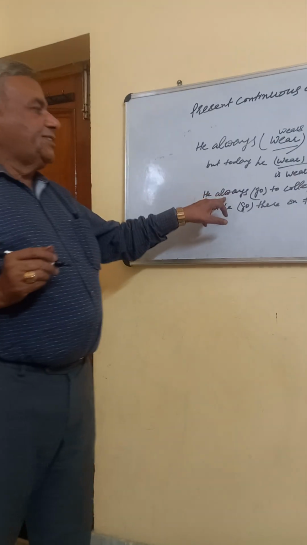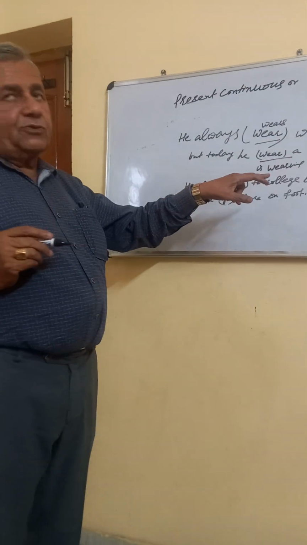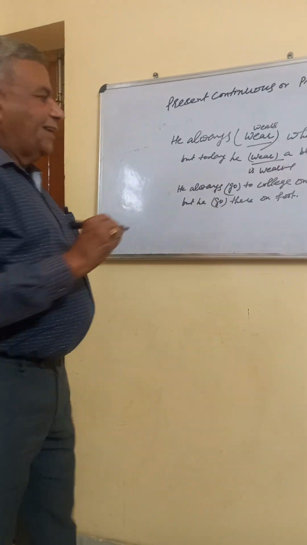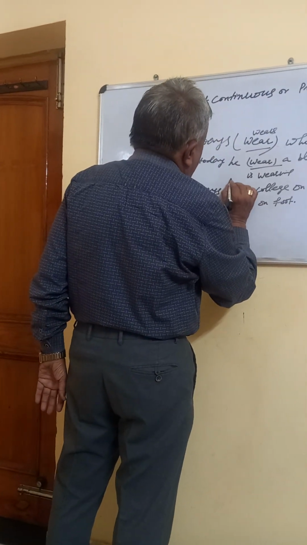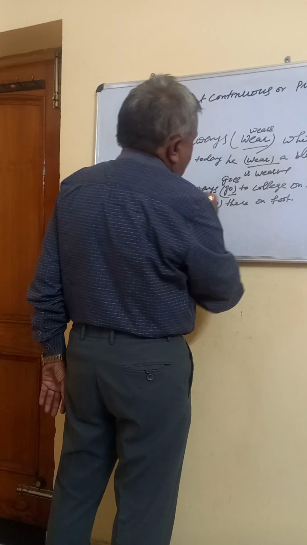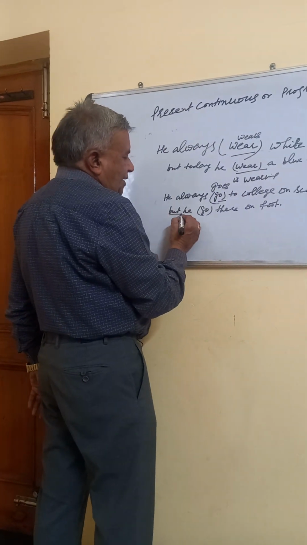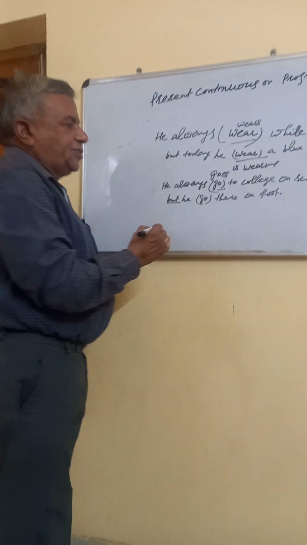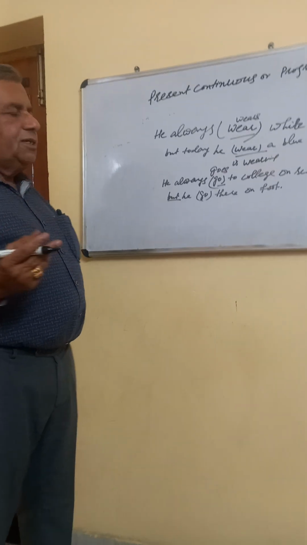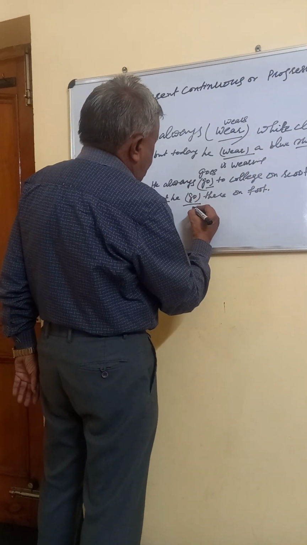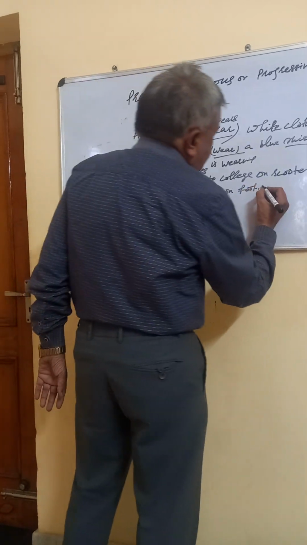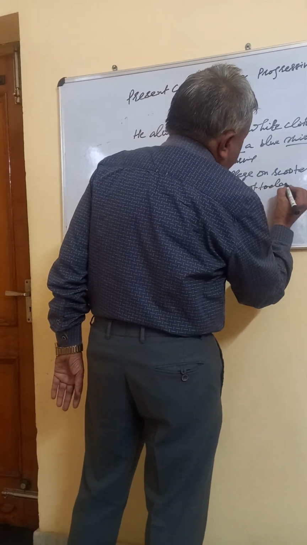So this is his nature that he goes to college on a scooter daily, and so when a repeated action happens, we use present indefinite, we will use goes. But this is not a habitual action, it is a single action which is happening today alone. Then we will say he is going there on foot. He is going there on foot today.